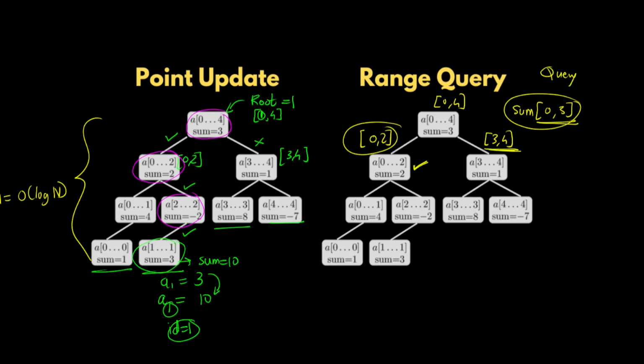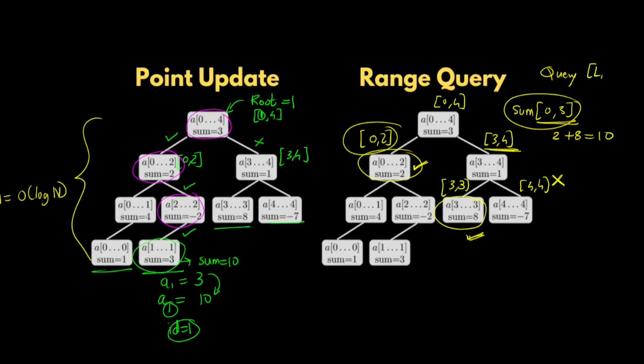Hence this sum will be directly included, but this sum will not be included because it is partially lying. So we will again divide it into two halves, 3 3 and 4 4, and clearly this range does not lie, but this range lies completely inside the query range. Hence we will use this in the sum. Hence the answer will be 2 plus 8, which is 10.